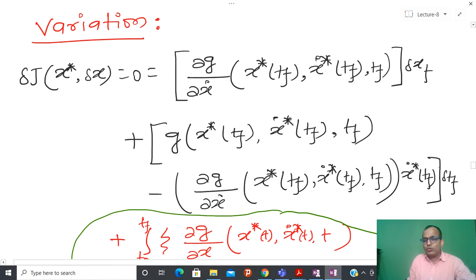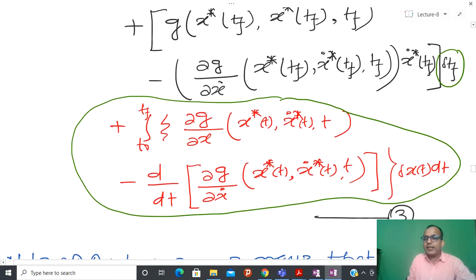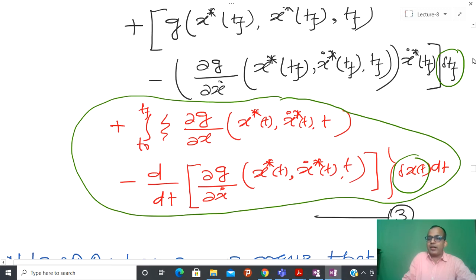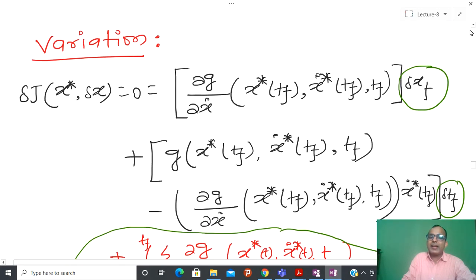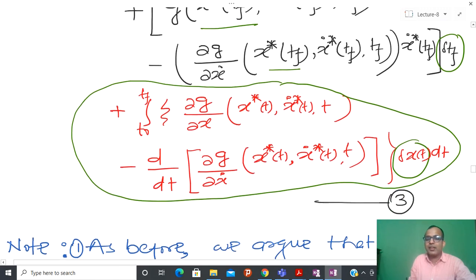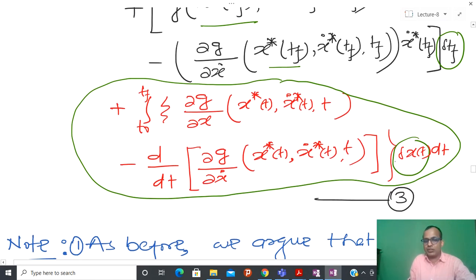You are all well aware that delta x and delta tf might be arbitrary, and here delta xf is also arbitrary, so the only thing I can make sure of, in order to make the variation equal to 0, is that this bracketed quantity is equal to 0, and this particular integral from here to here is equal to 0.